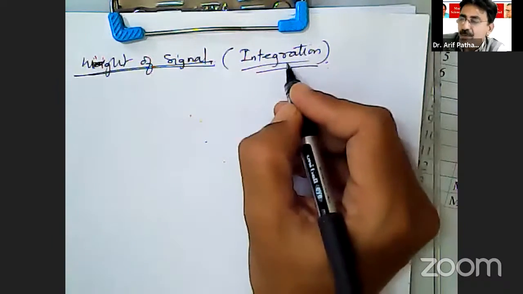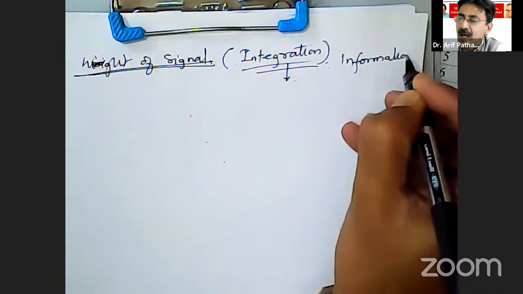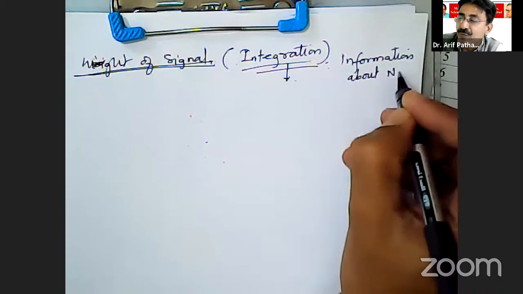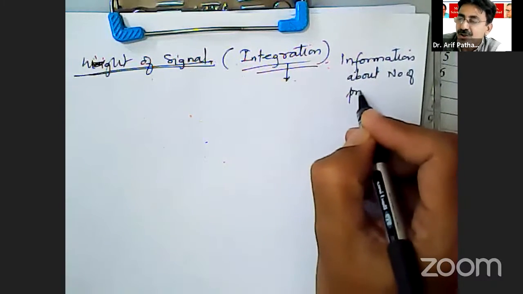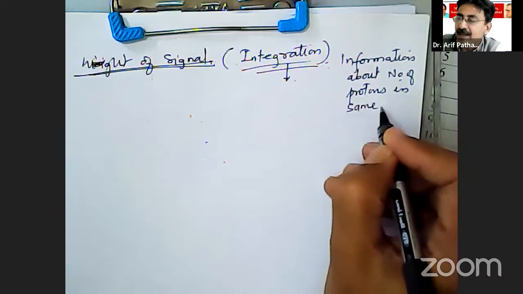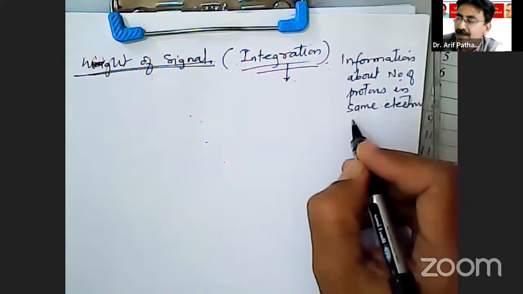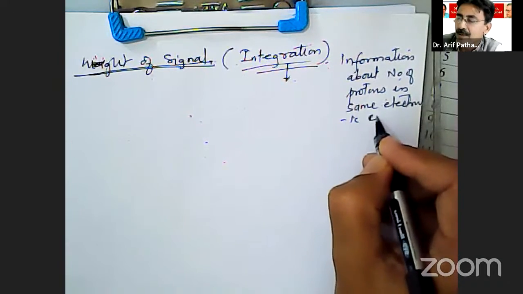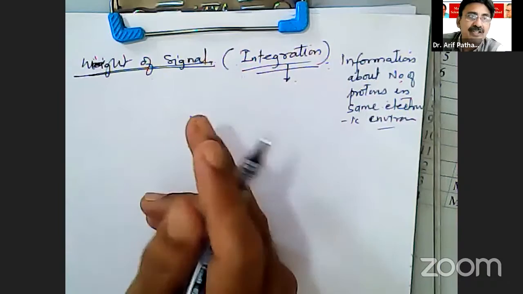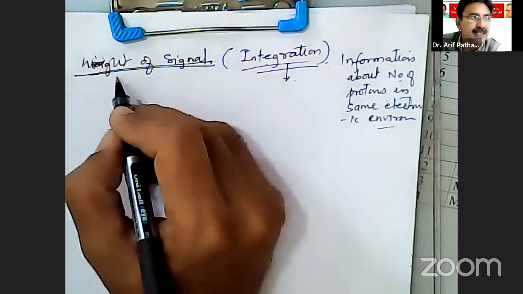It will give information about the number of protons in the same electronic environment, the same electron density. Number of protons in the same electronic environment: integration curve or height of the signal.